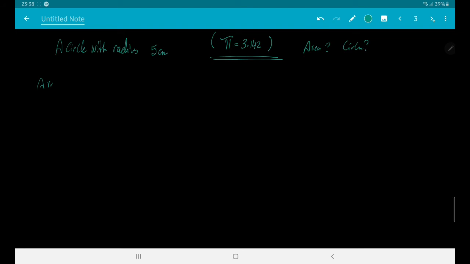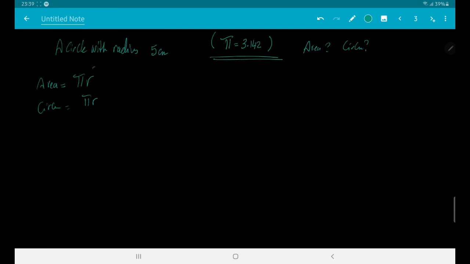To find the area, you need to know the rule for finding the area. It's pi multiplied by r, and the circumference is also pi multiplied by r, but we have something different. Since you know the area is length by length, you have centimeters squared. So how do we get this in 2 dimensions?